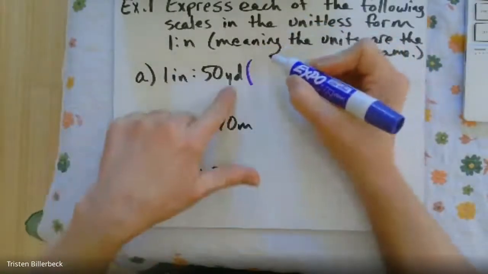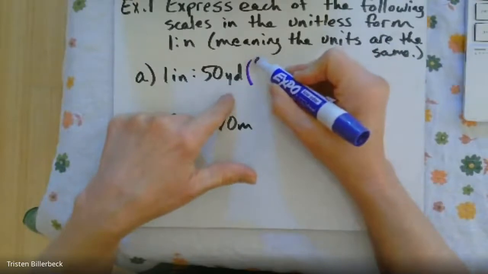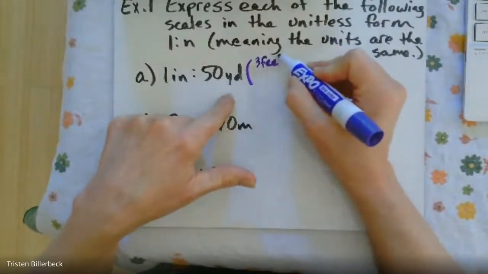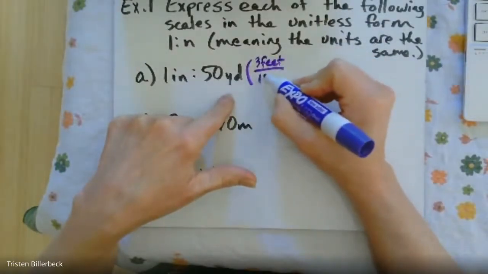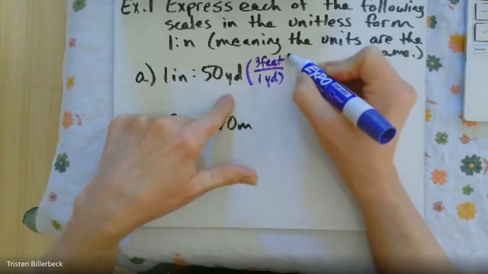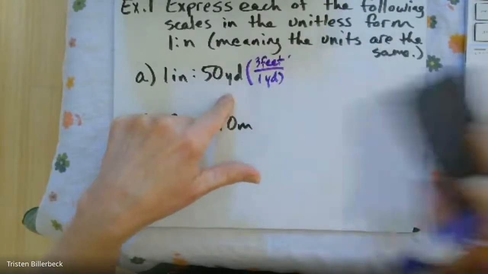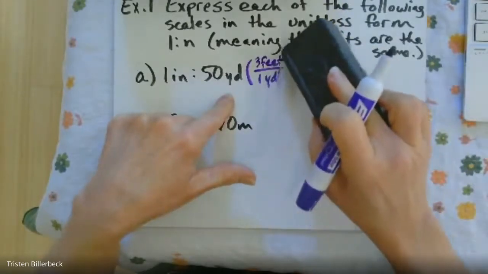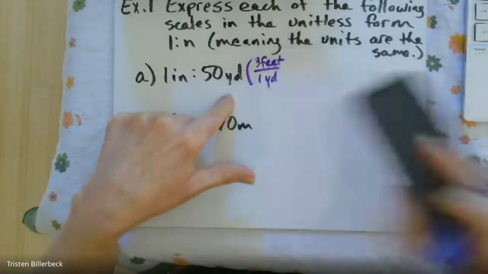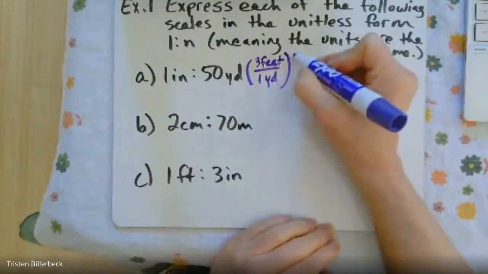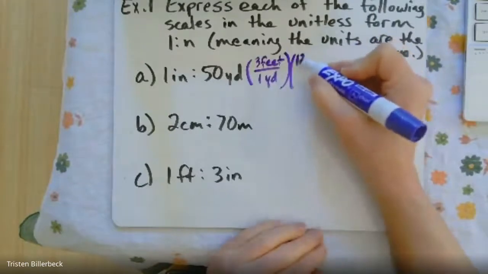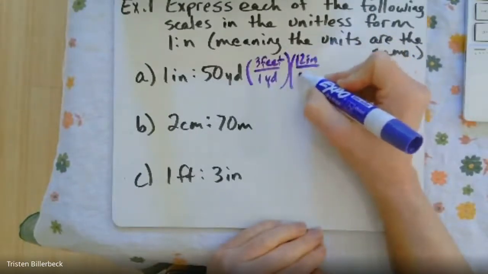So we know that there are 3 feet in 1 yard. And then we know that there's 12 inches in 1 foot.